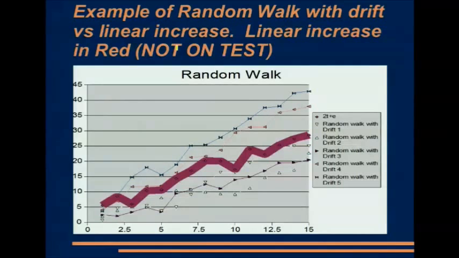When you remember your error, you're going to get what they call a random walk with drift. And you're going to get a very divergent series, okay? And obviously this is not on the test, but it matters a lot what model you choose when you're forecasting out time series a significant way.